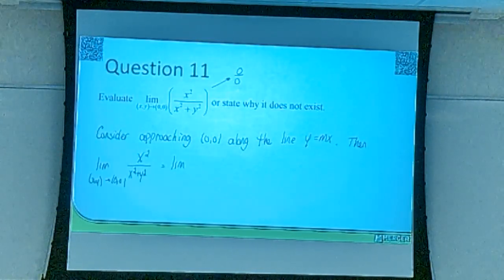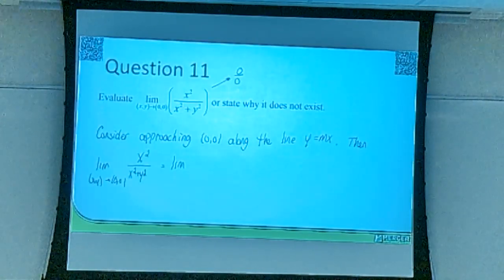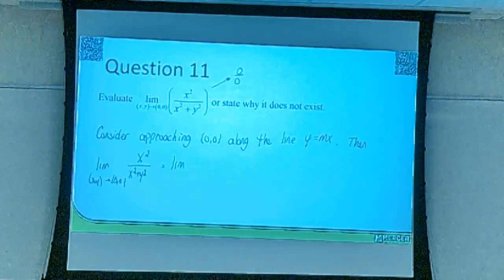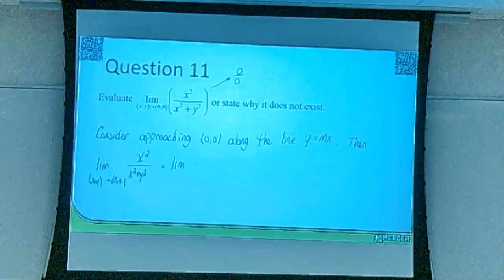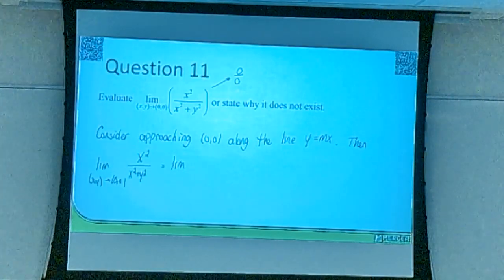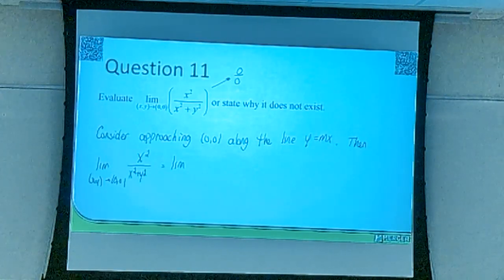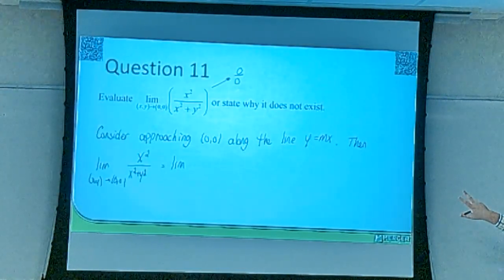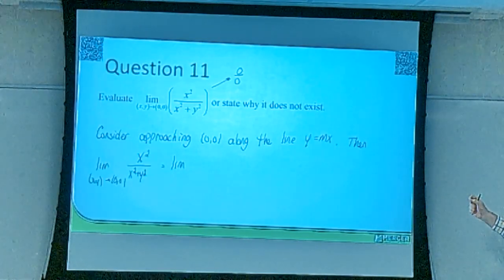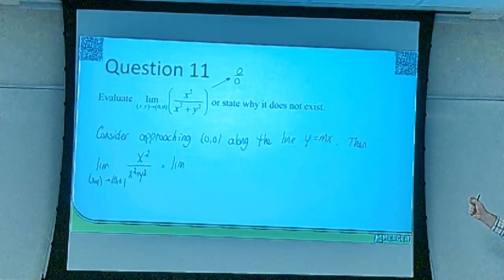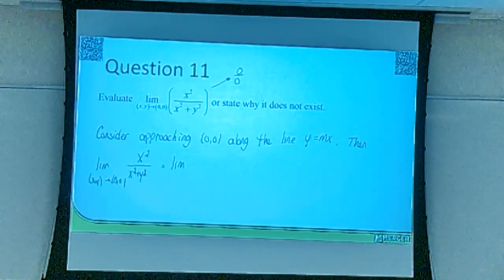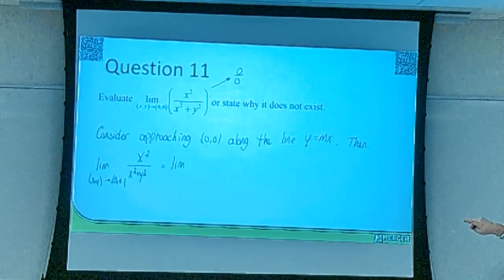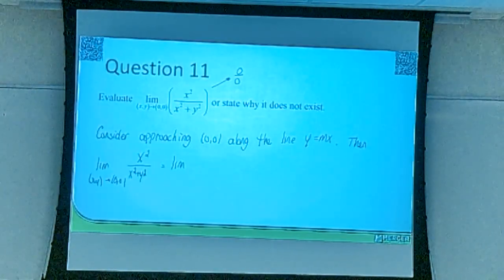As (x, y) approaches (0, 0), I'm replacing y with mx. So now I can just treat this as a single variable limit. X is approaching 0. Notice as x approaches 0, y is also approaching 0, so this does work.